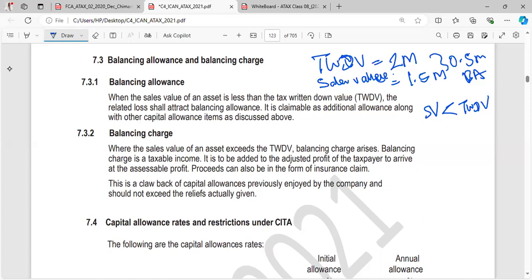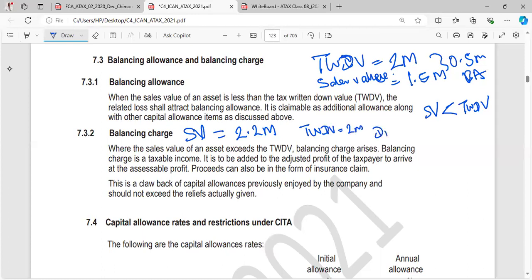Now, the opposite is balancing charge. So let's flip the coin now. Your sales value, which I call SV, you now sold it at 2.2 million. Meanwhile, your tax written down value is 2 million.